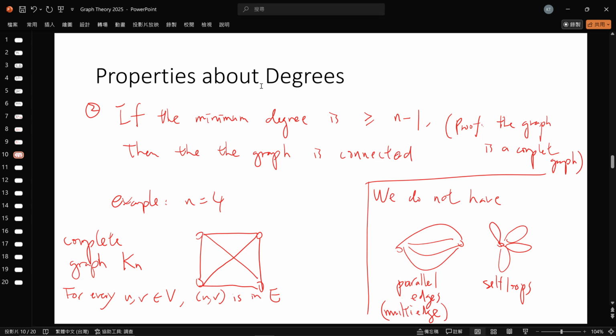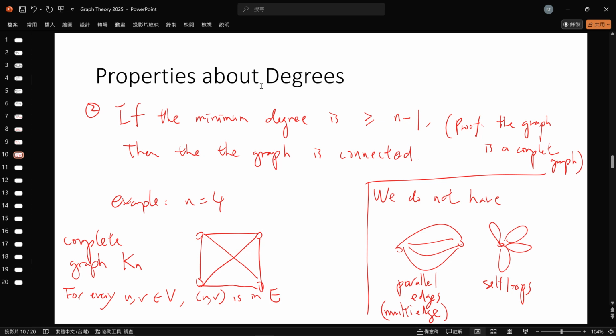So this statement says that if the smallest degree is the maximum possible degree, then the graph will be connected. This is not very surprising because this means that the graph is very dense, in the sense that there are lots of edges in the graph. So naturally, the graph will be connected. So next we're going to lower this value.